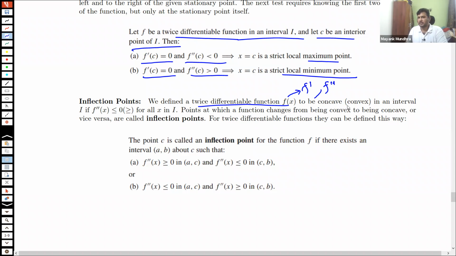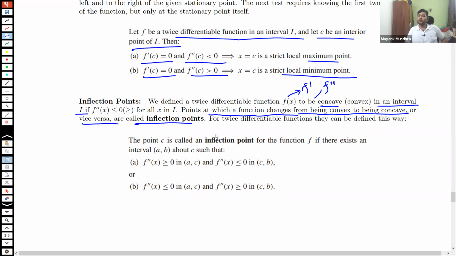Okay, so the bracket gives the alternate definition, we'll ignore the bracket for now. So we have a twice differentiable function that is concave in an interval I, and f double prime is less than or equal to 0 for all x in this interval. So points at which the function changes from being convex to concave or vice versa are called inflection points.